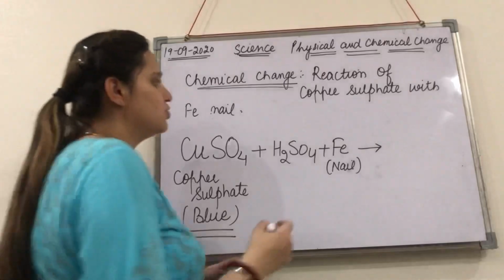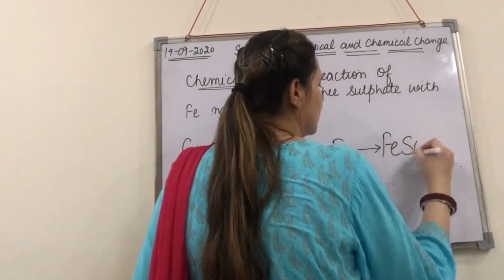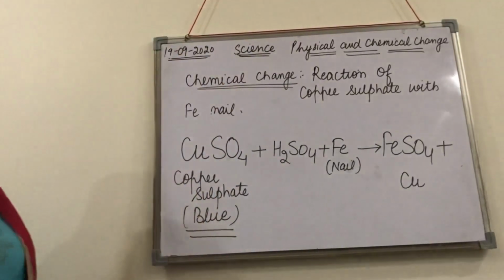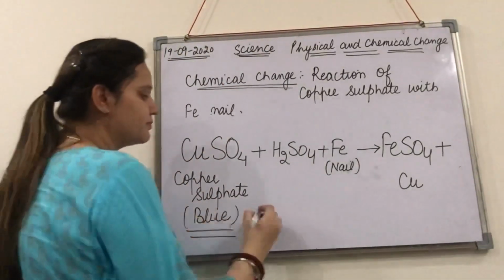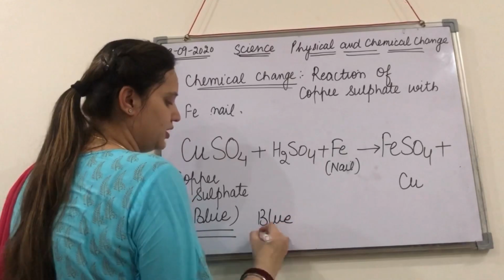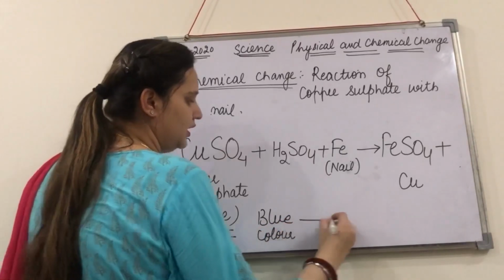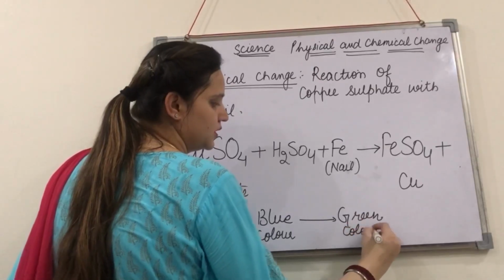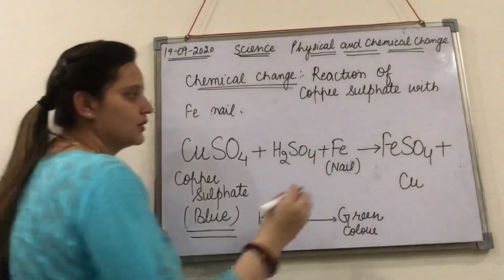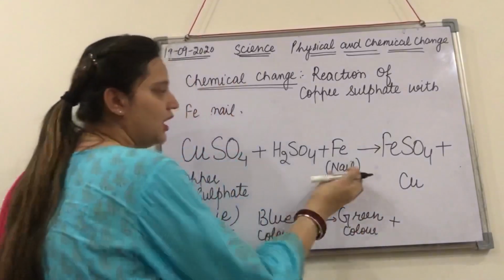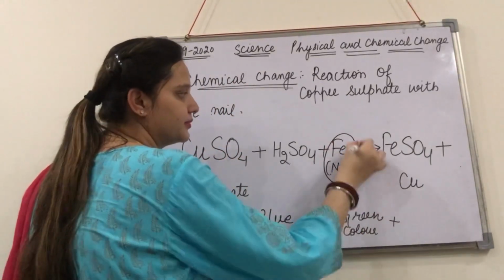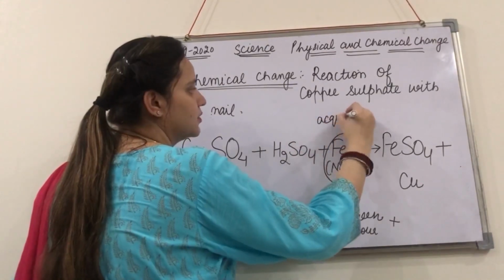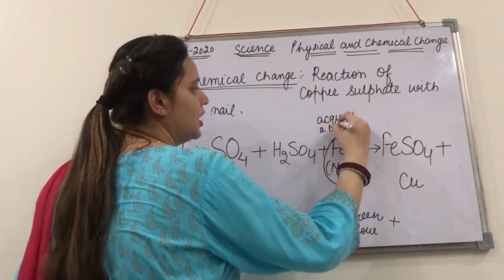What you will observe after some time is that this blue color of copper sulfate gets converted into green color, plus the iron nail that you put in the test tube will acquire a brown coating.